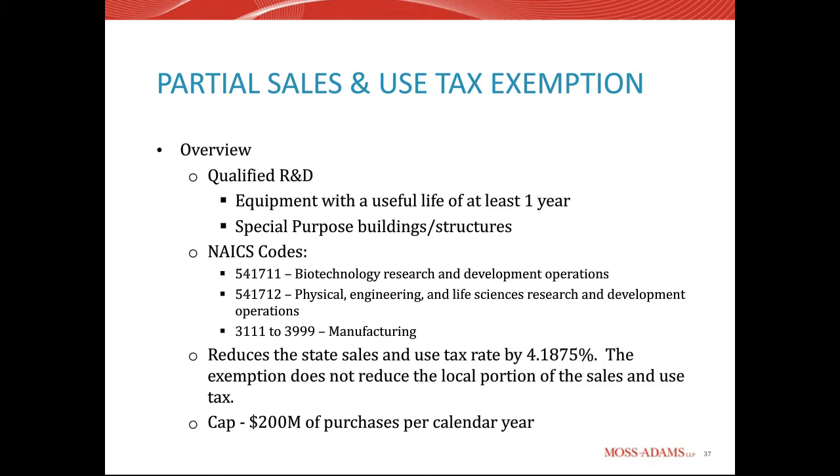This partial exemption cuts the sales and use tax rate by almost 50%, in some cases more than 50%. The partial exemption reduces the sales and use tax rate by 4.1875%. So a business in an area with an 8% tax rate would pay 3.8125% under this partial exemption.